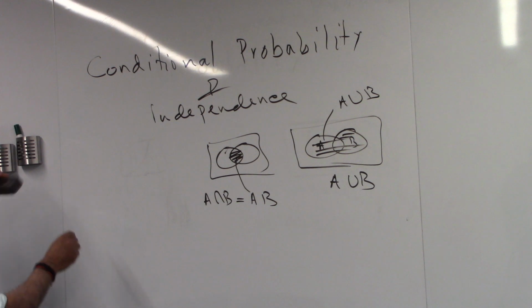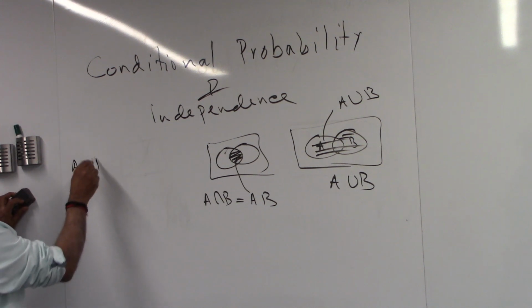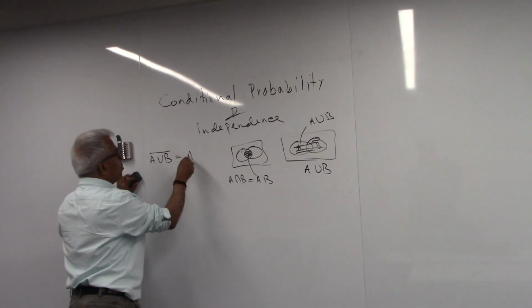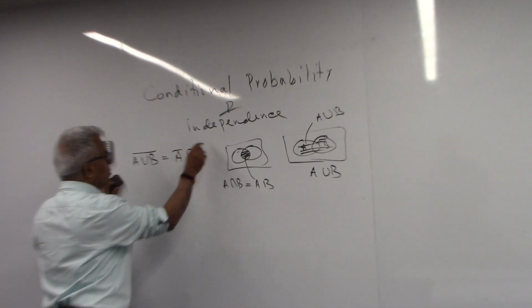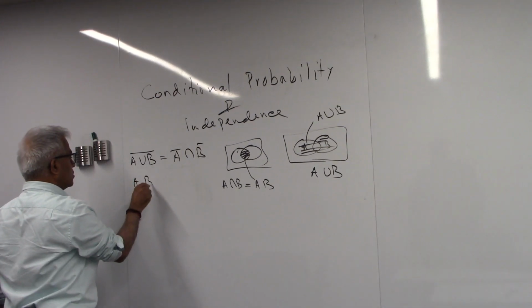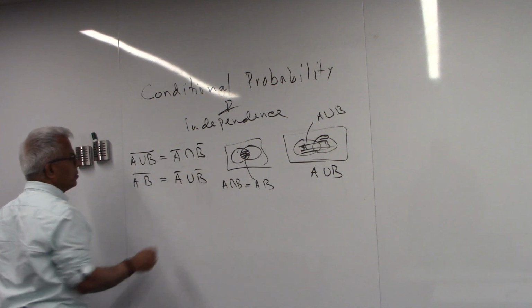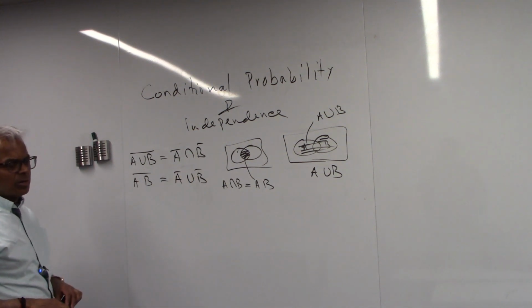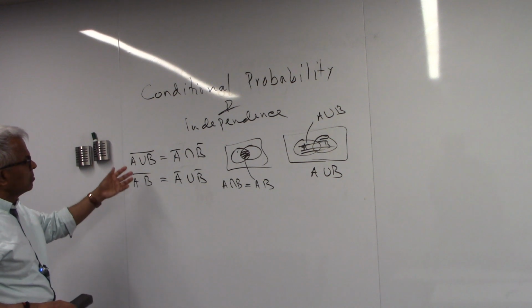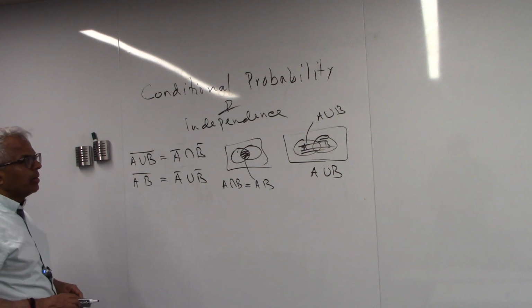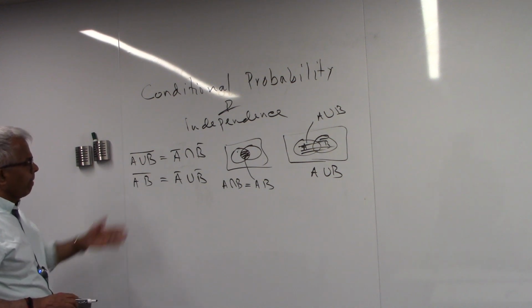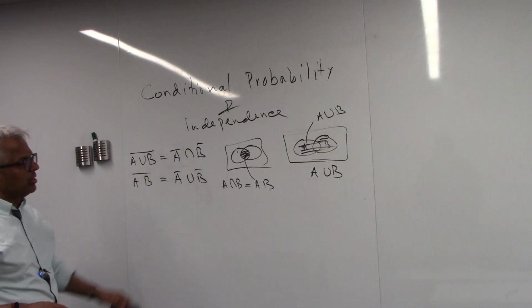Then there are set rules. A union B complement is A complement intersection B complement. And A intersection B complement is A complement union B complement, etc. These are De Morgan's laws, and you can verify them simply or through Venn diagrams. These are Venn diagrams.